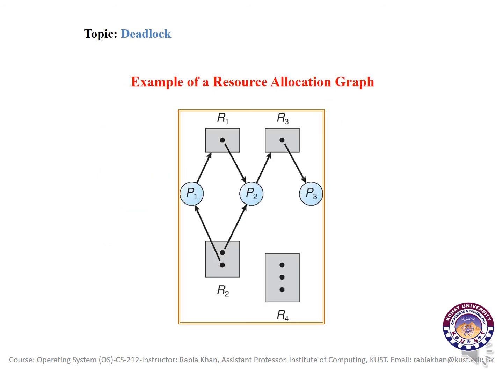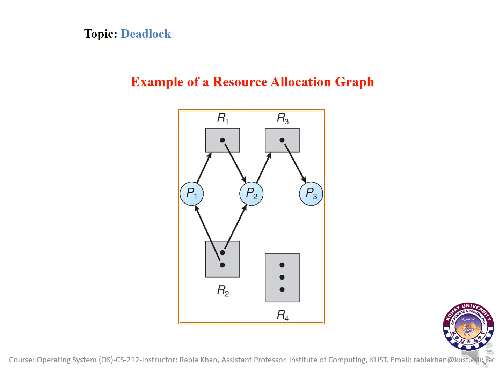This is a diagram showing resource allocation graph. As you can see, there are 3 processes, process 1, process 2, process 3 represented by 3 circles. And 4 resources are there, resource 1, resource 2, resource 3 and resource 4.